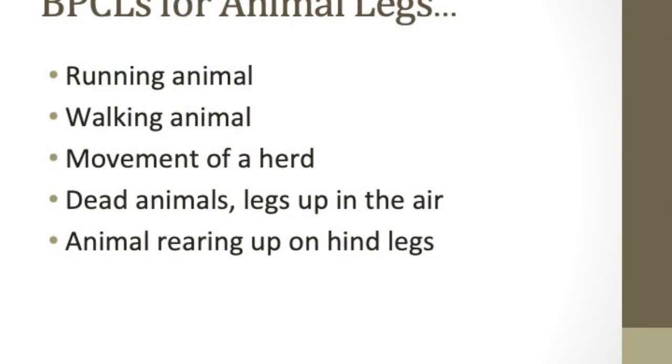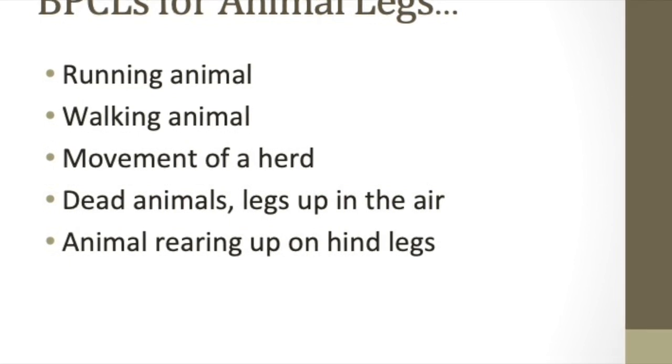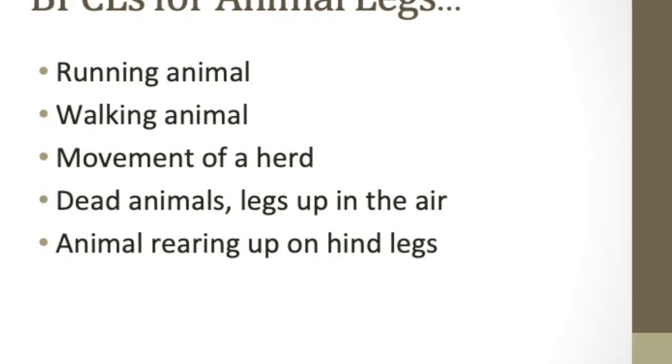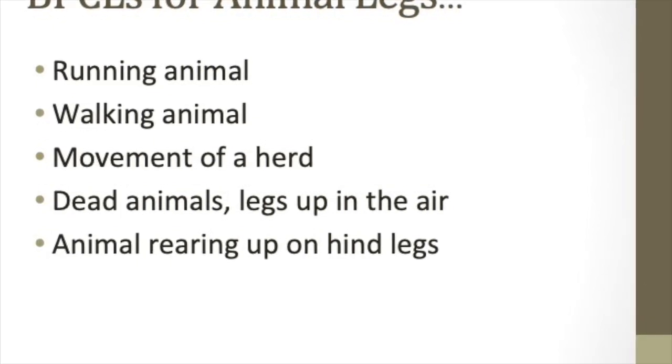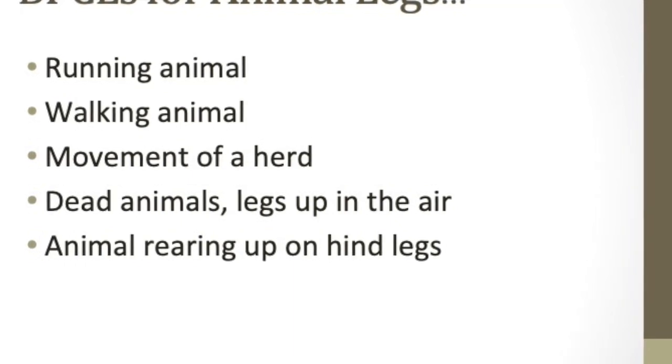There are some standard body part classifiers for running and walking animals, which use both hands in tandem to show four-legged creatures on the move. There is also a standard sign for the movement of herds and/or crowds.